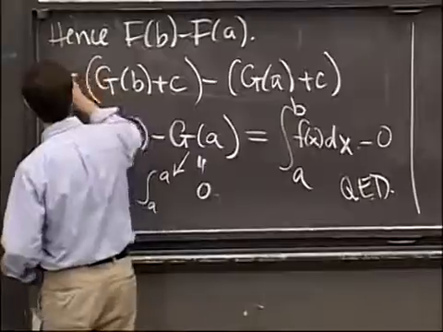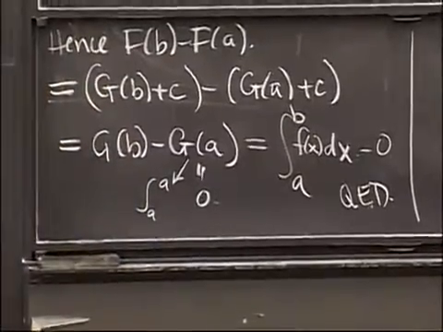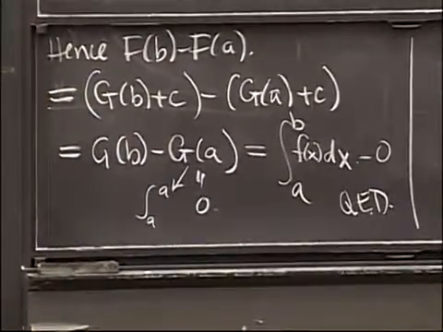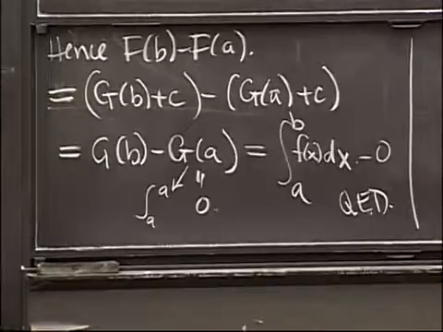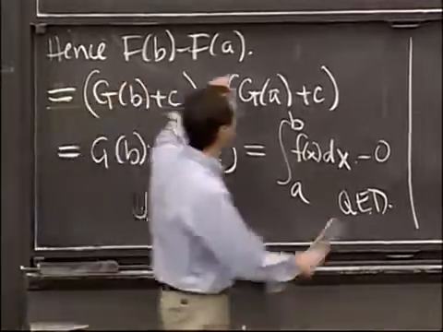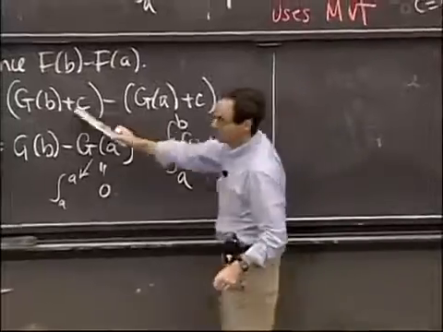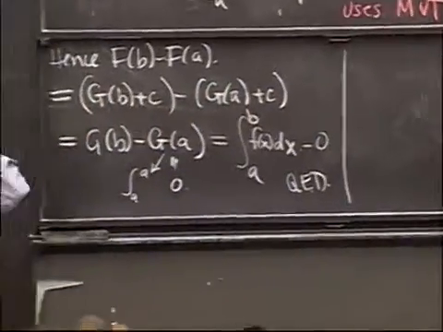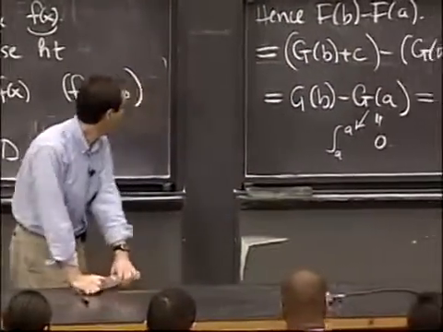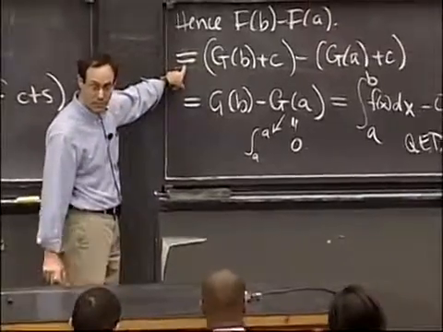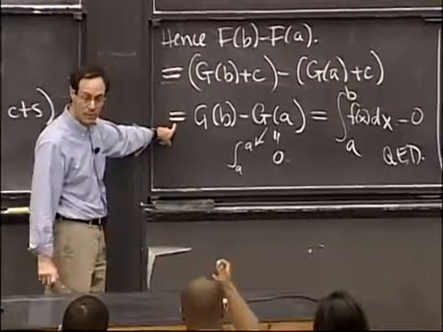Oh, sorry, this is an equal sign. Sorry, the second line didn't draw. Equals, because we're plugging in for f of x, the formula for it. Can you just go from f of b minus f of a to that? This step here?